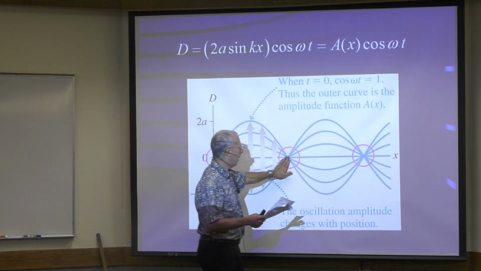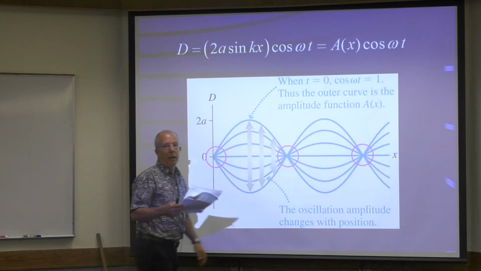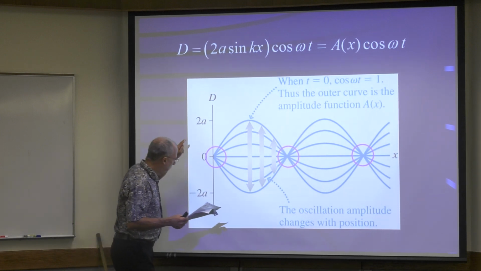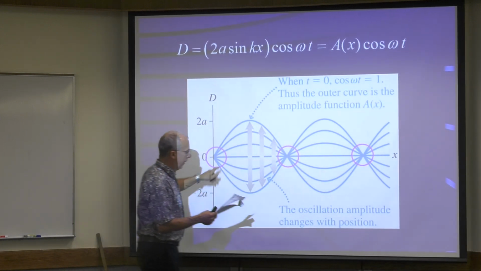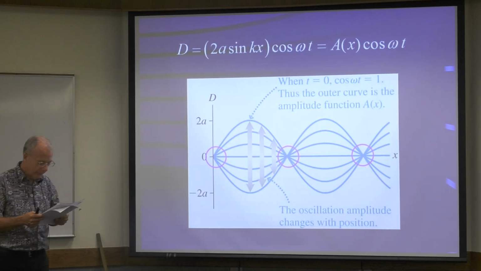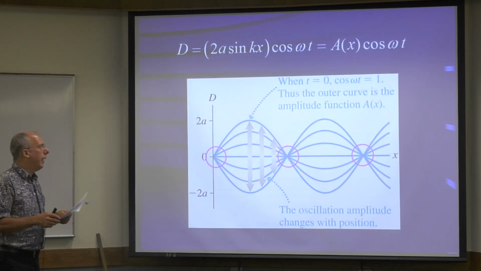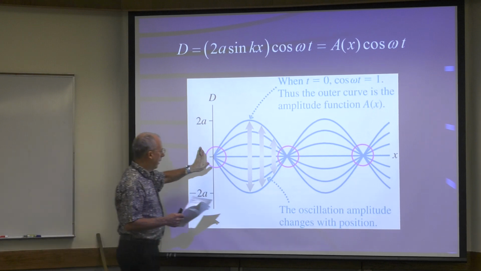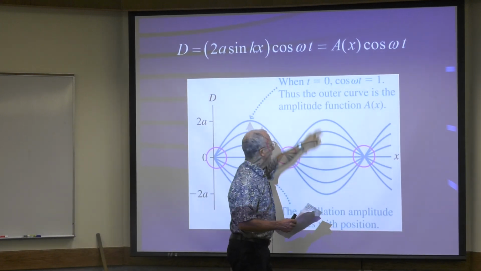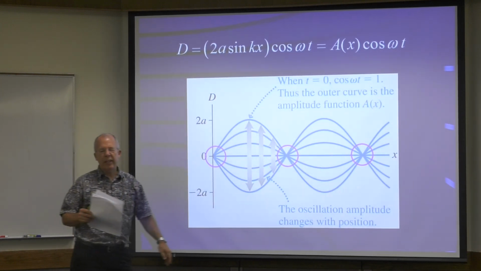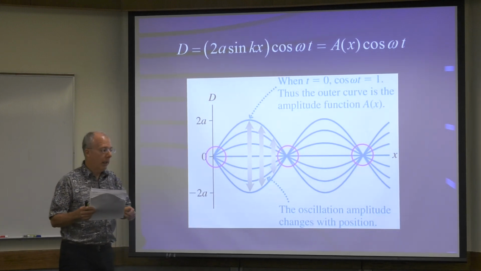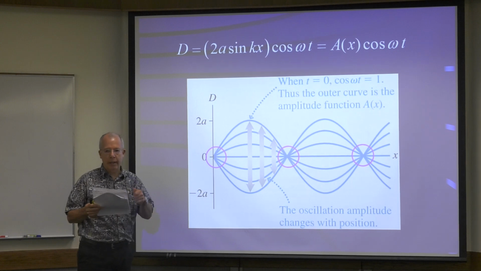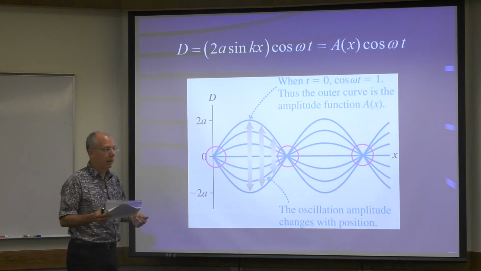Here, here, and here, for all time and eternity, there's never going to be any oscillation at those points. We're going to explain these points, and then everything in between. You should follow this closely because you'll have to do this in a lab and perhaps on an exam.